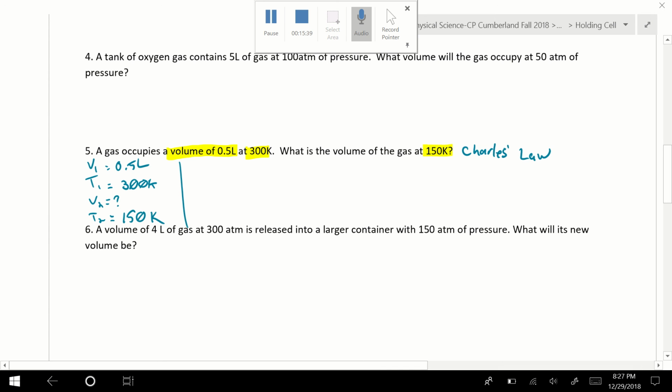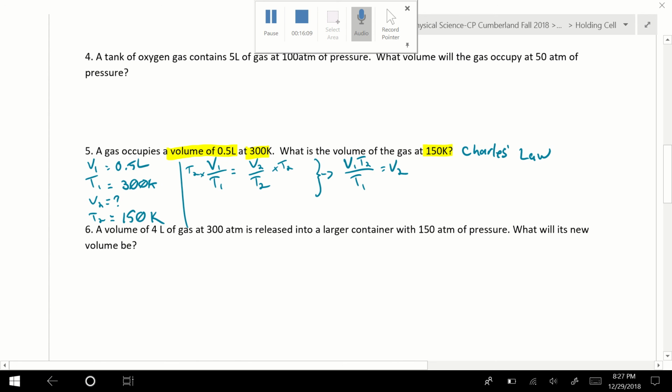If I set up my equation, V1 over T1 equals V2 over T2, move T2 again, and you'll have V1 times T2 divided by T1 equals V2.